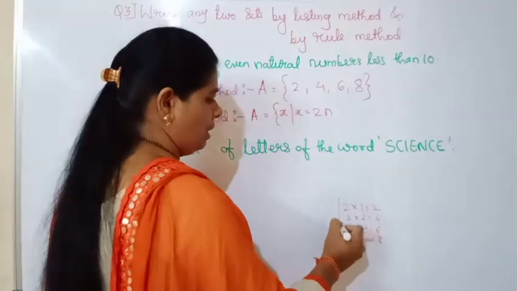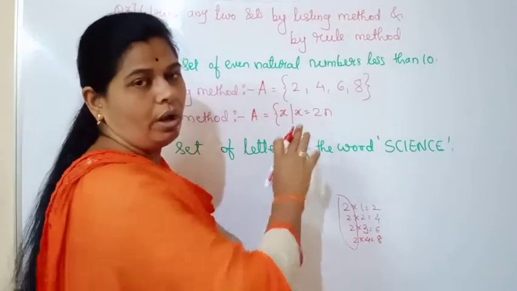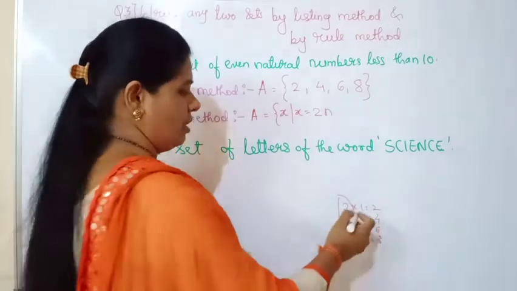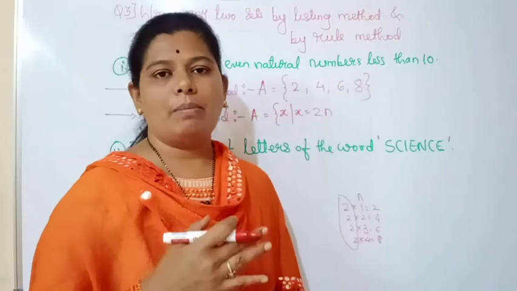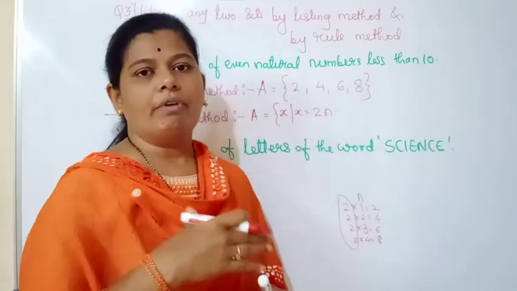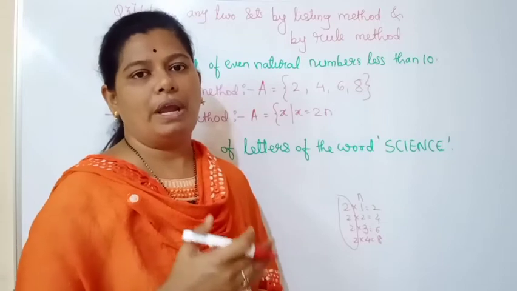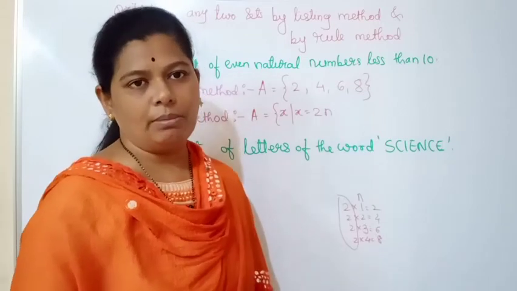Now this 2 is constant, so I have written here 2. Now whatever n is there, 1 2 3 4, this is the value of n. Every time the value of n is changing, and when we change the value of n every time, we will get a multiple of 2, or a table of 2.